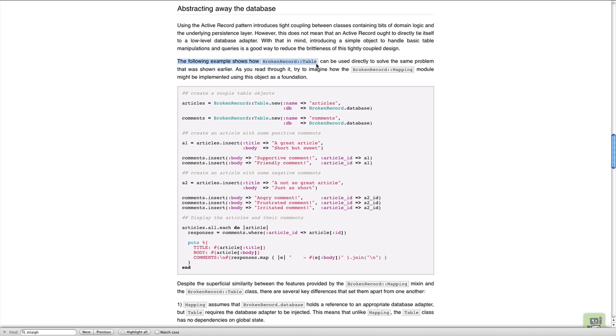The following example shows how a broken record table can be used directly to solve the same problem that was shown earlier.